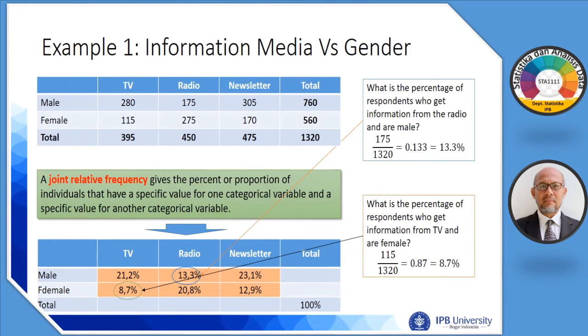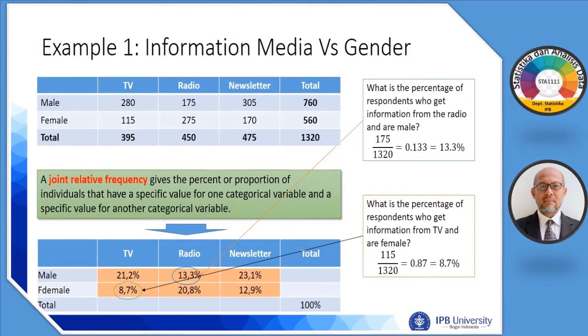Look at the first row and the second column. You have 175. So how many percent is 175 of 1,320? You can calculate 175 divided by 1,320, and then you will get 13.3%.